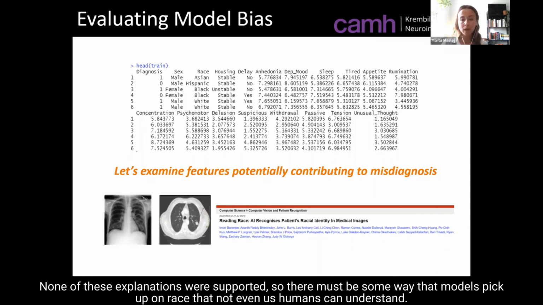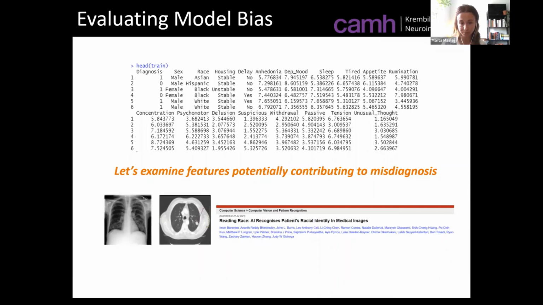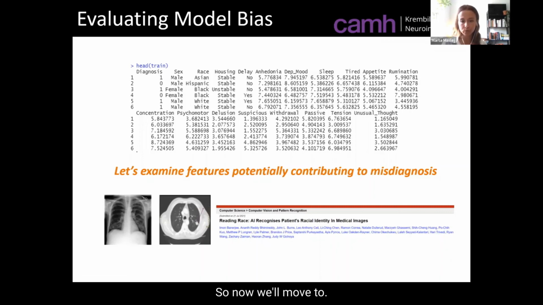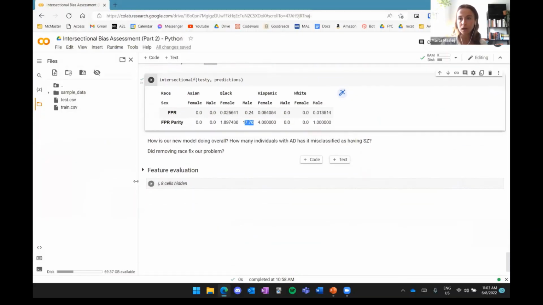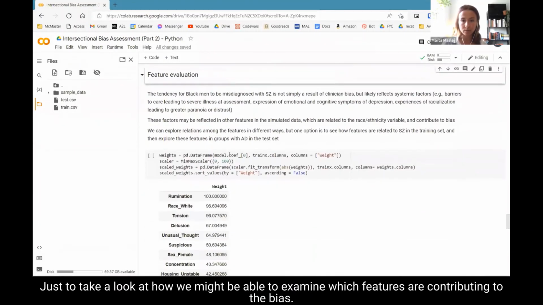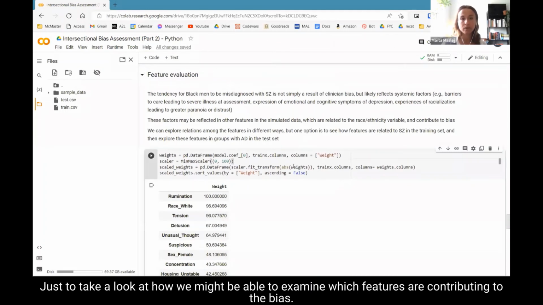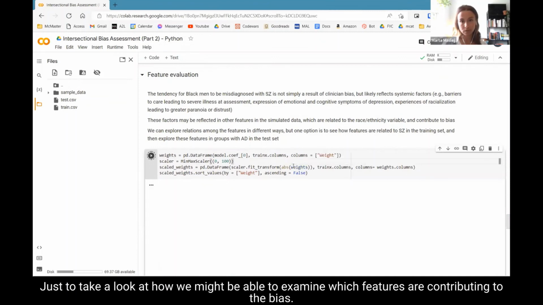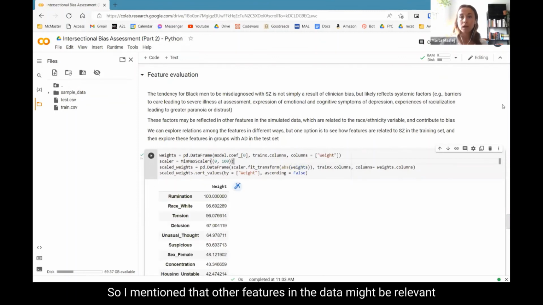So there must be some way that models pick up on race that not even us humans can understand. So now we'll move to the code again, just to take a look at how we might be able to examine which features are contributing to the bias.